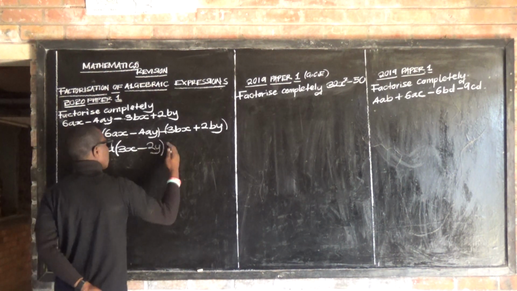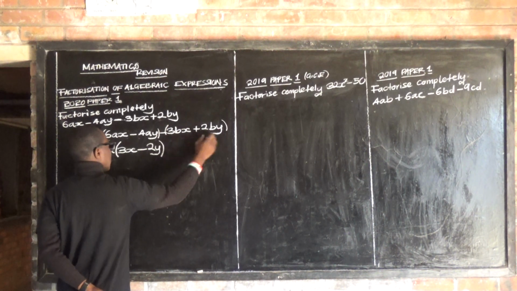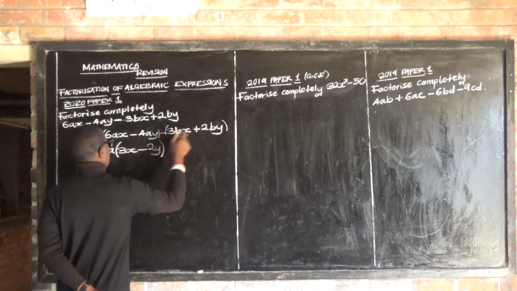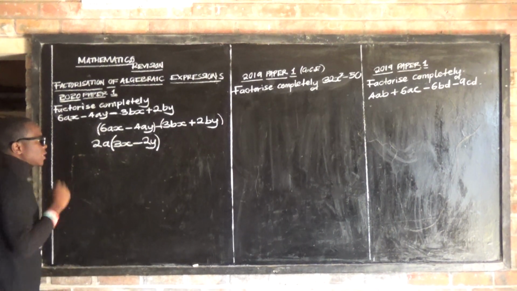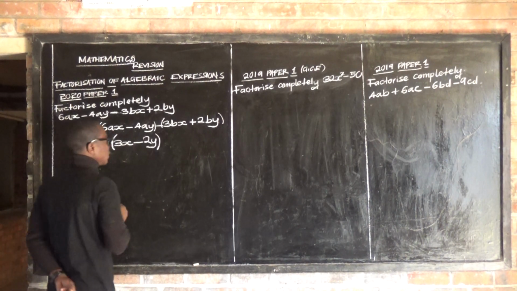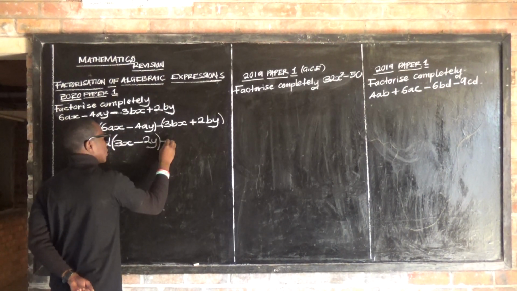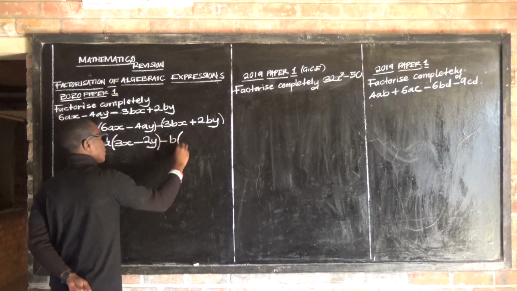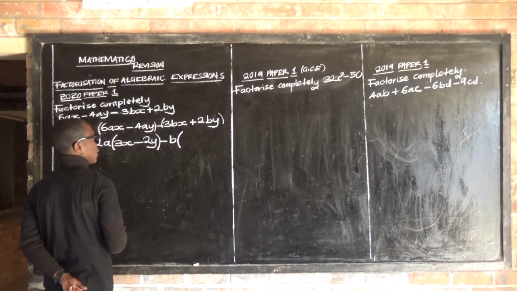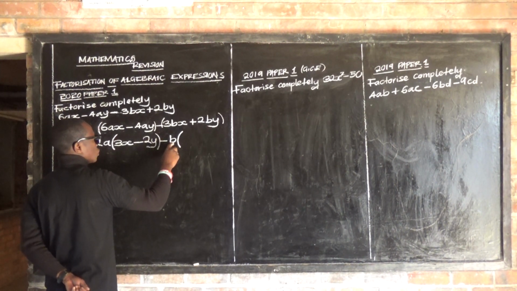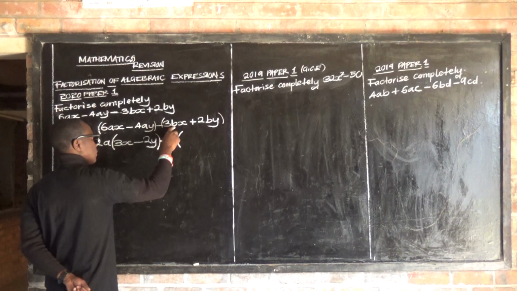Then we can now move on. On the other side, this other pair, do you have a common factor? B. It's negative b, is it? Yes. And negative b is common. So you can now open the brackets and say negative b into 3bx.